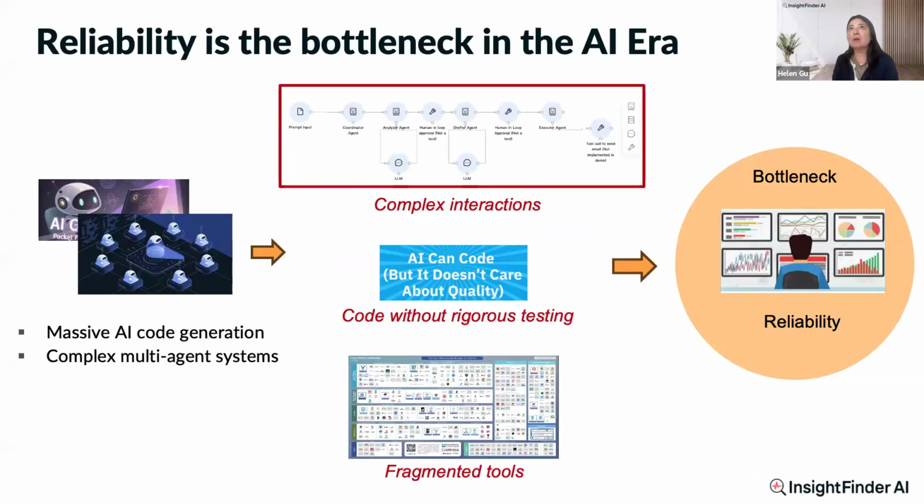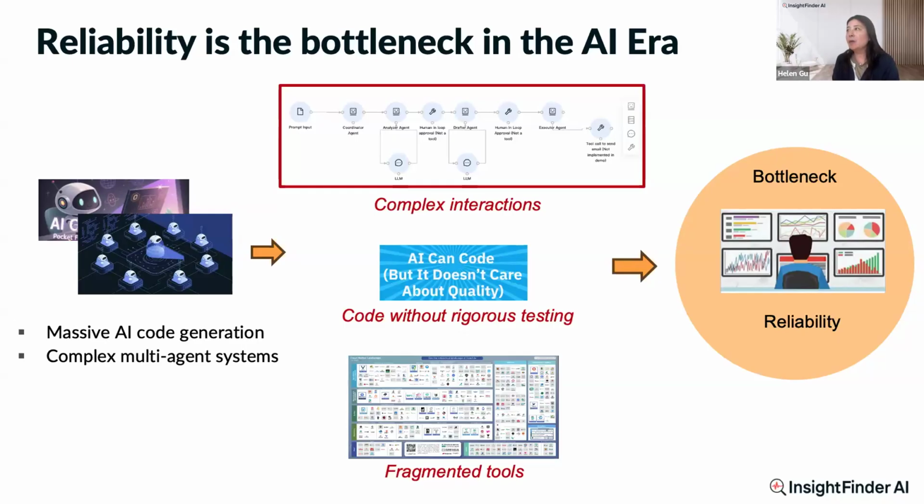We saw code being produced by AI quickly, and now software development is no longer the bottleneck. You saw multi-agent systems rapidly deployed and adopted by enterprises, so the complexity is more complicated.